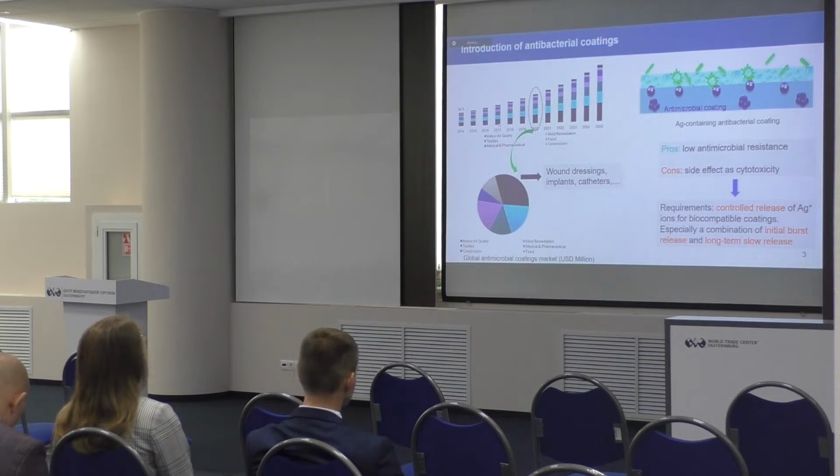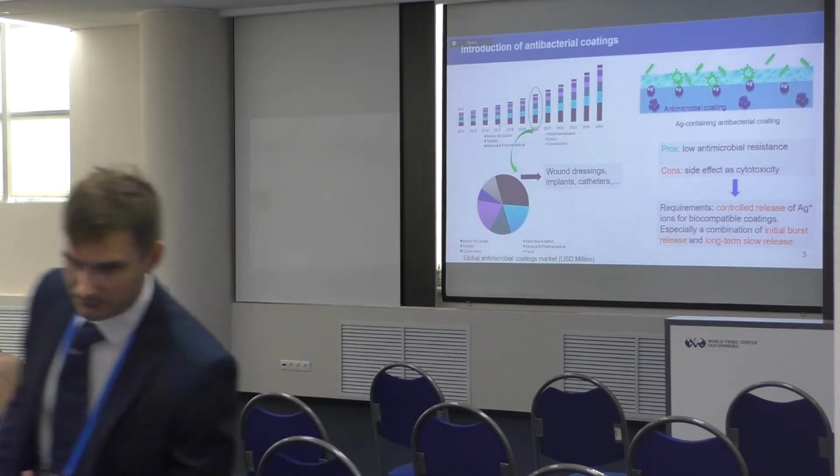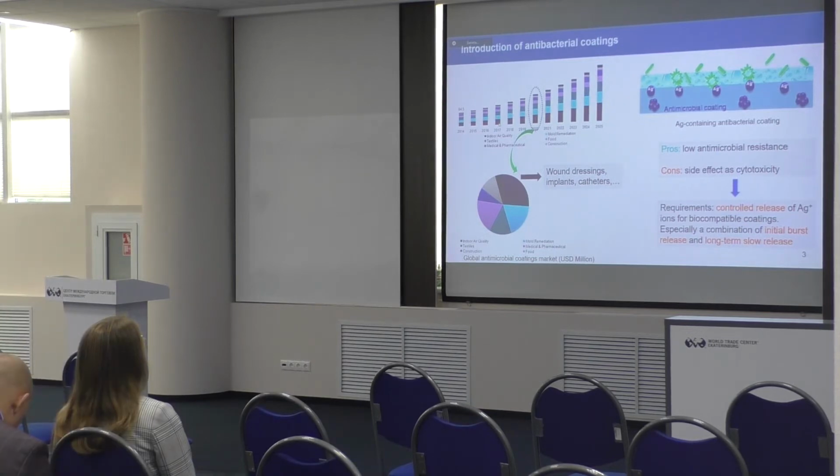Antibacterial coatings are functional coatings which can inhibit the growth of microorganisms or materials. Antibacterial coatings have many applications, such as medicine or healthcare, textiles, food package, indoor air quality.